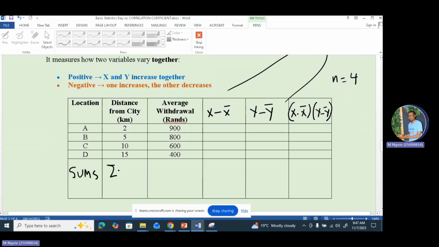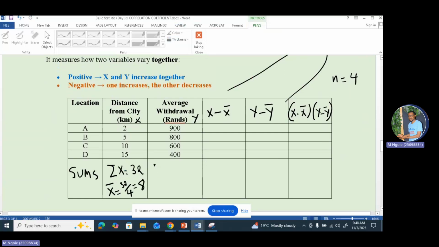Like sum of x, this is our x, this is our y, right? Like sum of x is 25, 30, like 32, right? And the mean here is 32 divided by 4, that's gonna be 8.